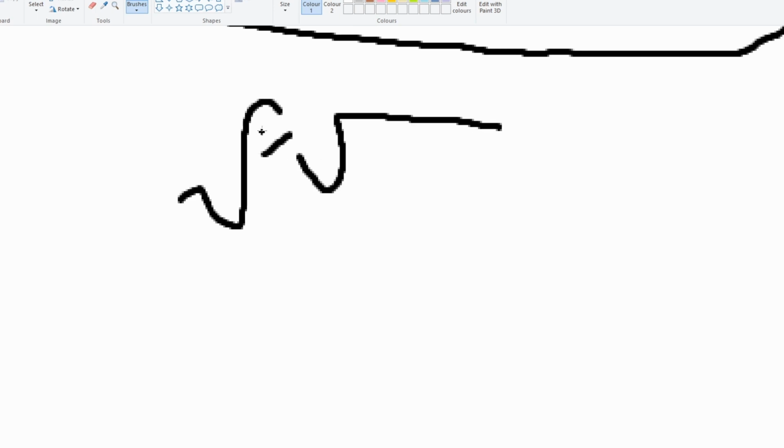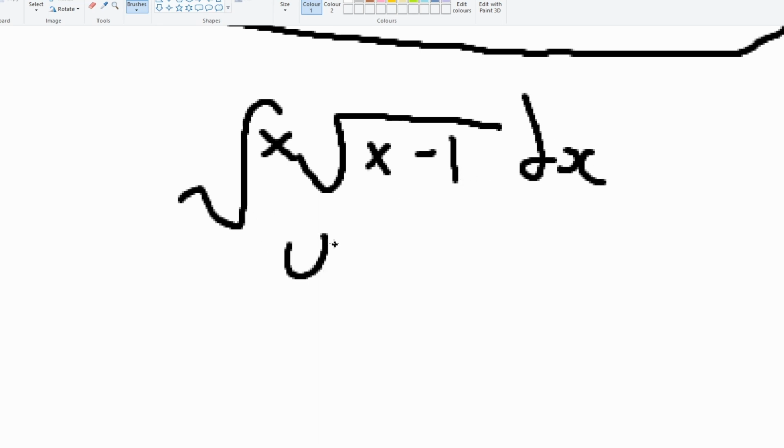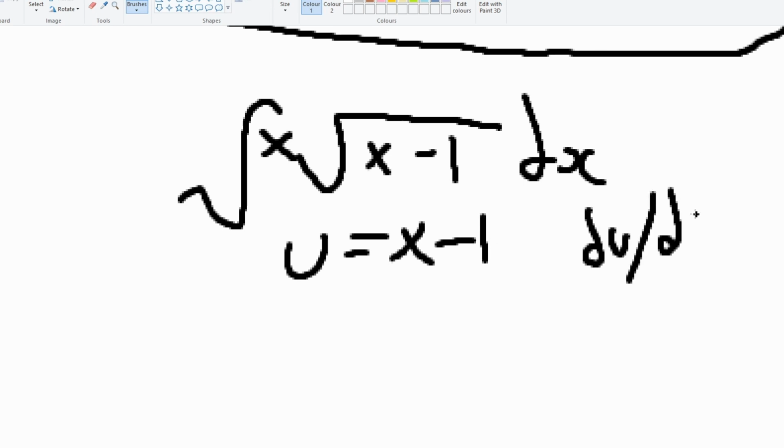We will now solve the integral of x square root of x minus 1 with respect to x. We're going to let u equal to x minus 1, which then differentiated is going to give us 1. And then this means again dx is equal to du.